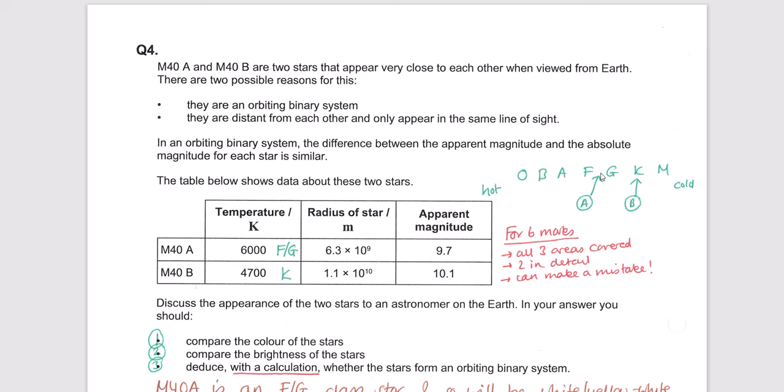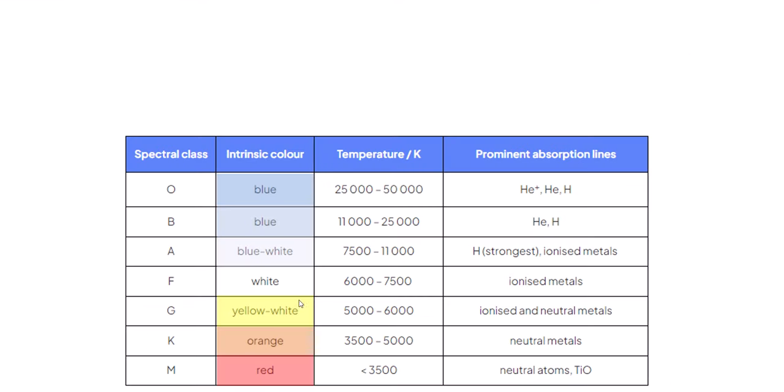So A is on the border of these two and K is there. We can also see from that table what their colour is, and we can see that we've got yellow, white, white, or orange as our options there.